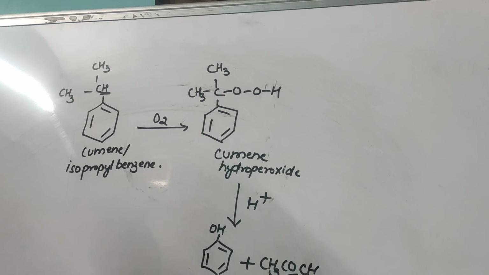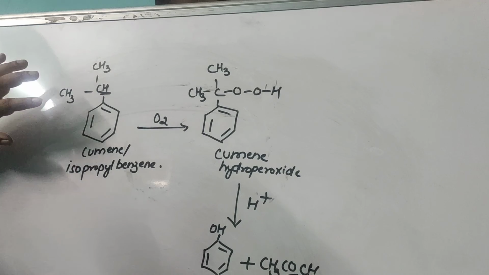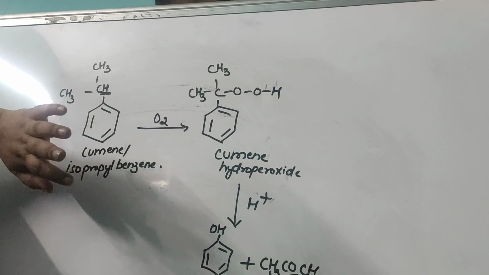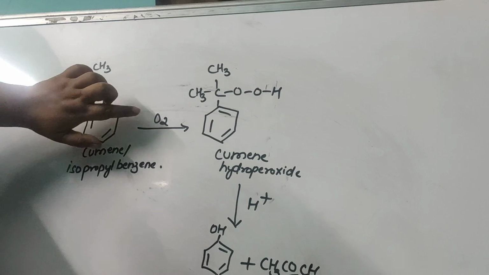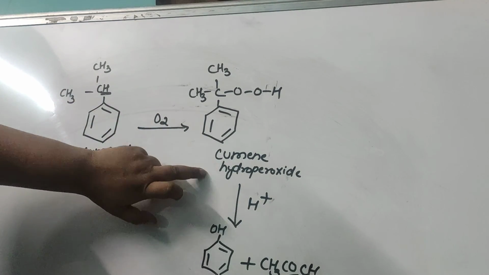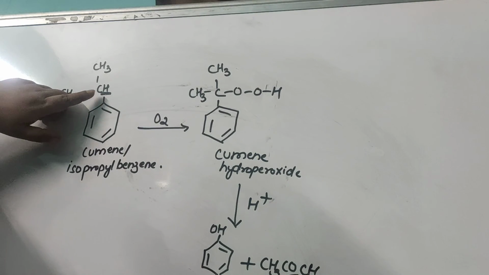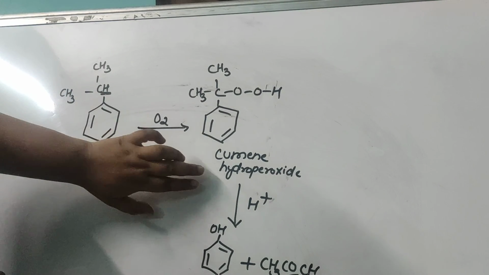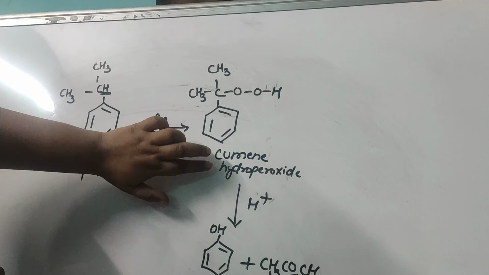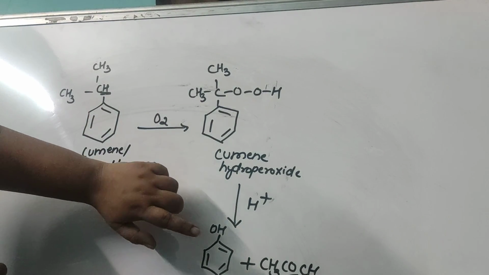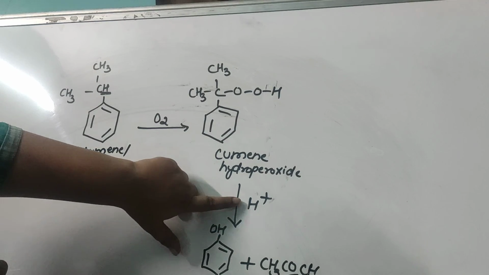So what we are doing, we are taking cumene, which is also a benzene derivative. We are oxidizing it, which means we are adding oxygen. Then we get cumene hydroperoxide, where we substitute the two O's in between C and H. Then we treat this cumene hydroperoxide with an acid, that's why we are writing H plus here.